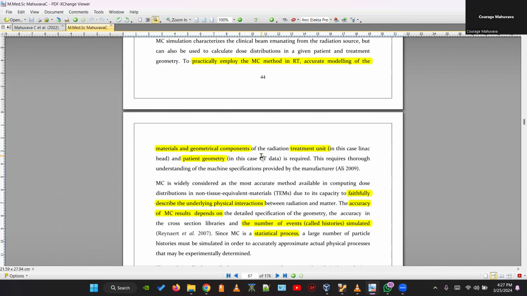So for the patient, we also need accurate CT density information, right? So you can actually model an actual human being from actual CT patient data from the clinic.